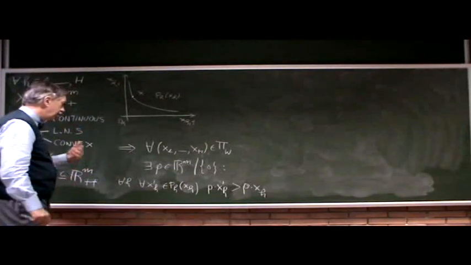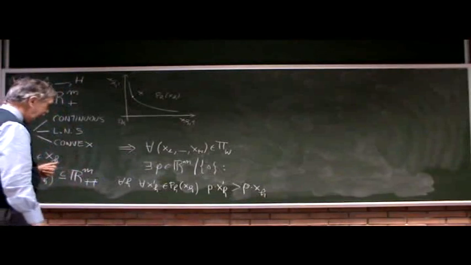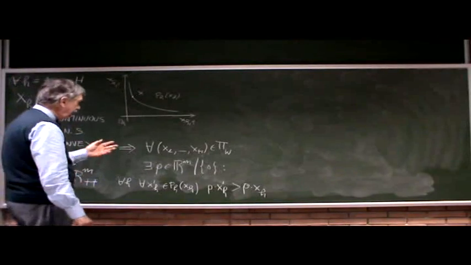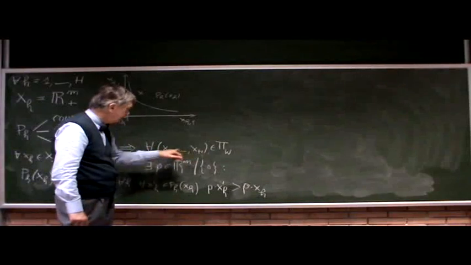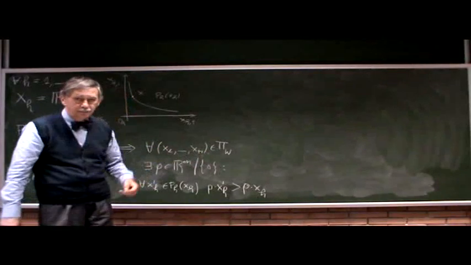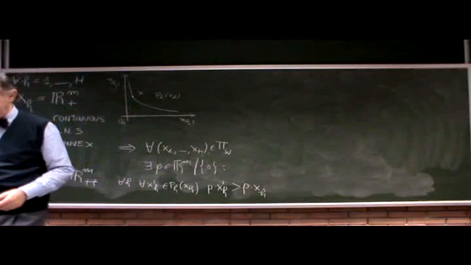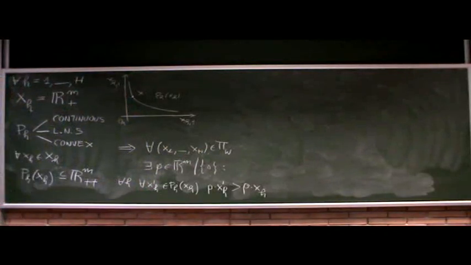Redistribute the total endowments in a way such that each subject receives exactly this bundle, the bundle included in the weak Pareto optimum.